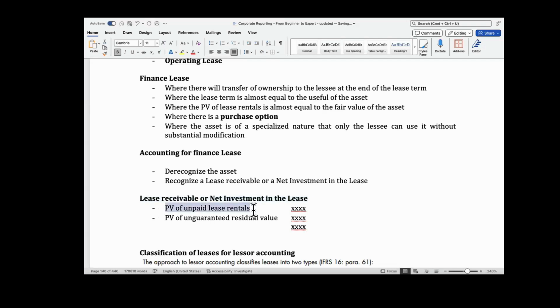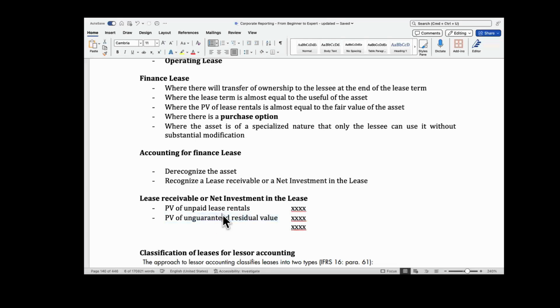PV of unpaid lease rentals. And this makes sense. This is like all the rent you collect. That is what he's expecting. That is his lease receivable or net investment in the lease. He will now add PV of unguaranteed residual value. So which one is the unguaranteed residual value?